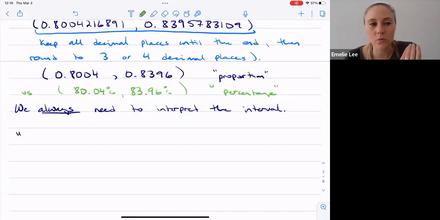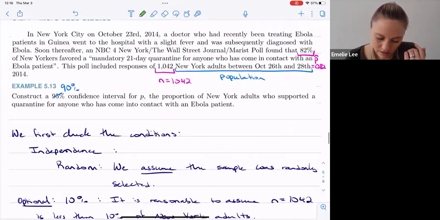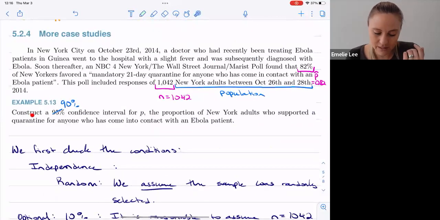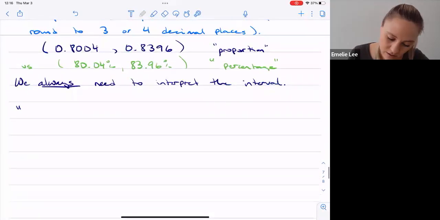So it depends on what you want to talk about. Now, when I look at this question, it does ask me to construct a 90% confidence interval for P, which is the proportion, right? But they also reported a proportion as a percentage. So I think we can go either way, right? But let's do the proportion first.